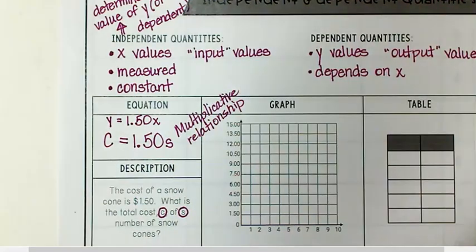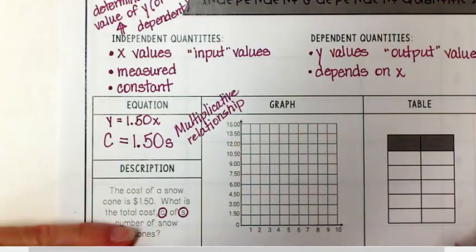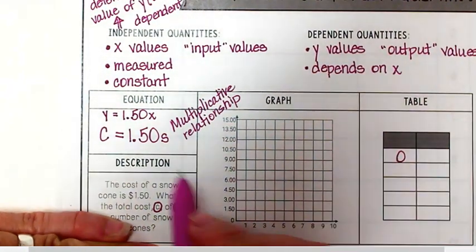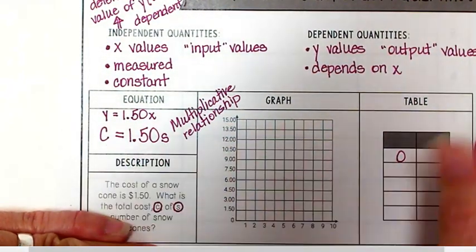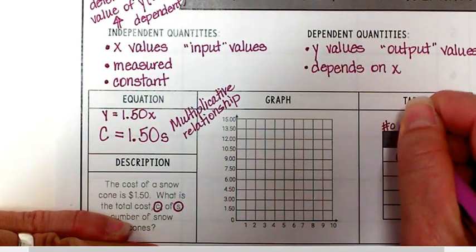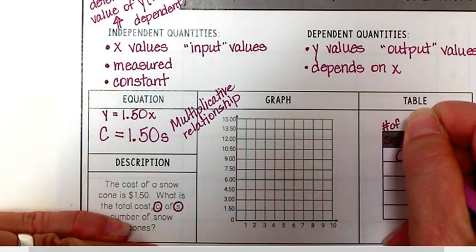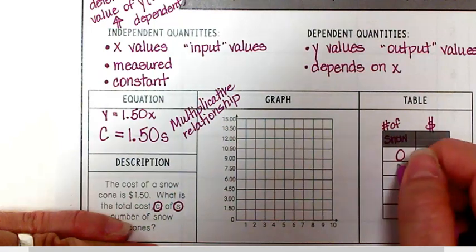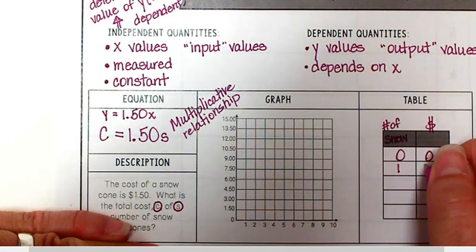All right. I can then hop over here and do the table. If I buy 0 snow cones, 0 times 1.50, I am spending $0. So number of snow cones, and over here, dollars. If I buy 1 snow cone, it's $1.50.